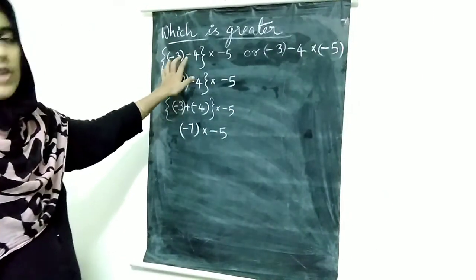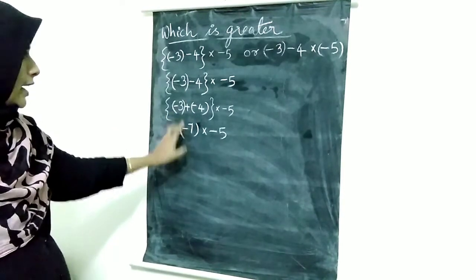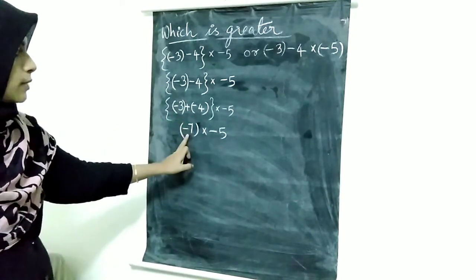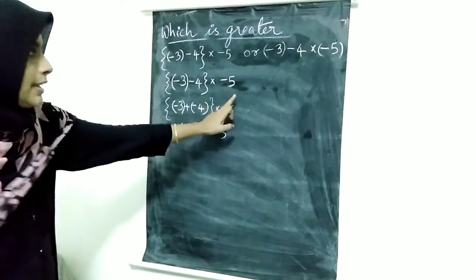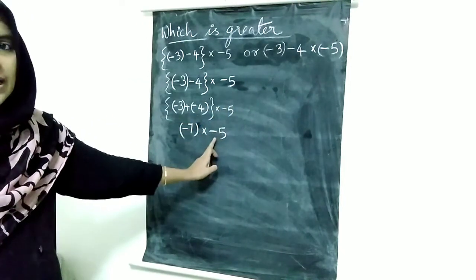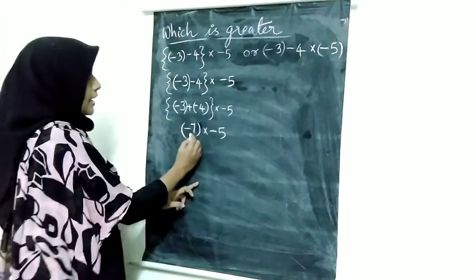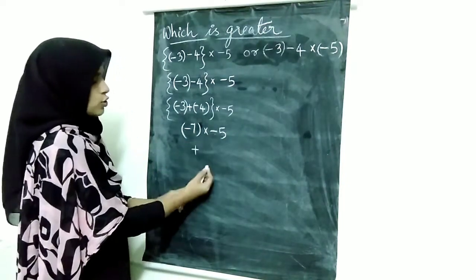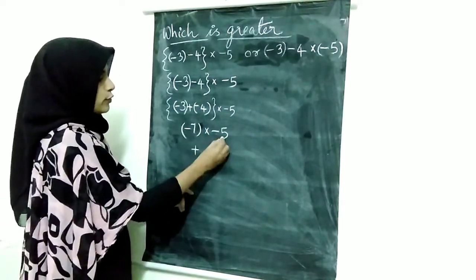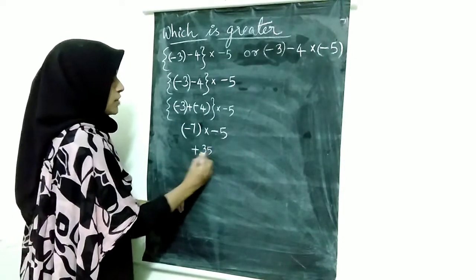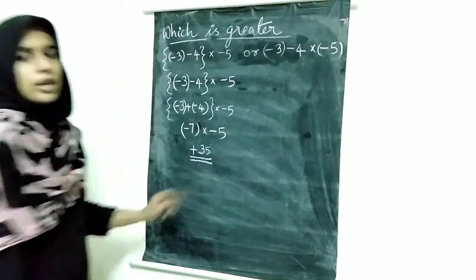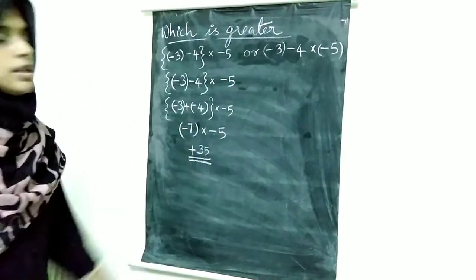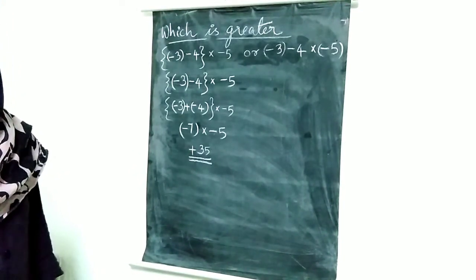So here we have solved the curly bracket. -7 multiplied with the -5. So minus into minus. What is negative into negative? Positive. 7 into 5, 35. So the first part of the question's answer is plus 35.